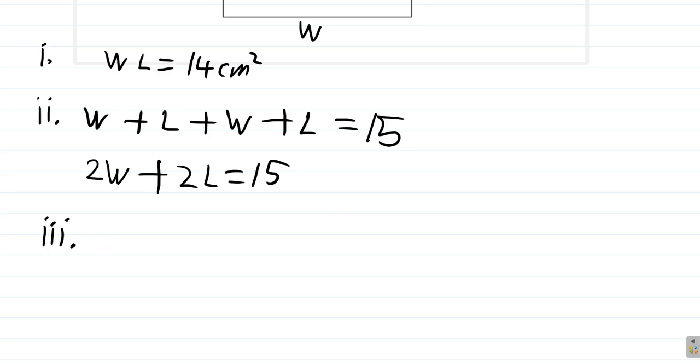Alright? So WL equals 14. We could call this equation 1 and 2W plus 2L equals 15.